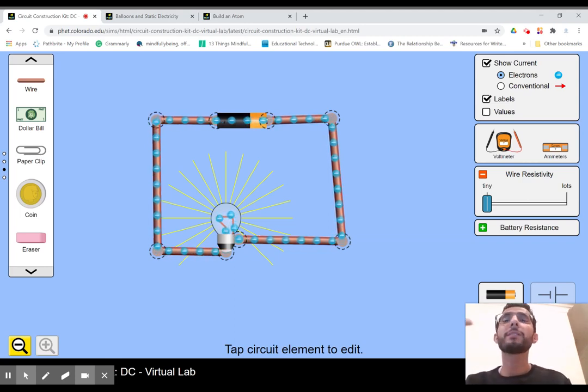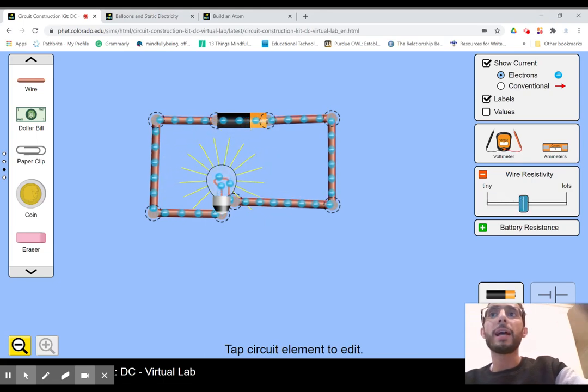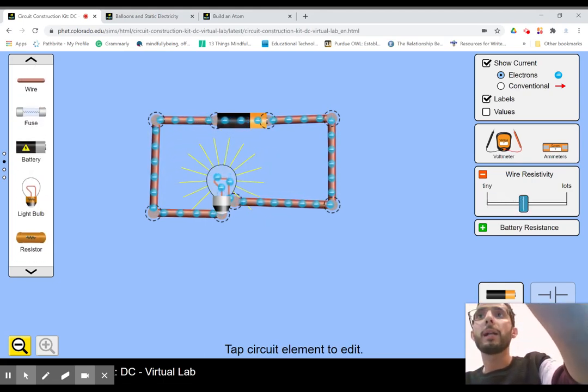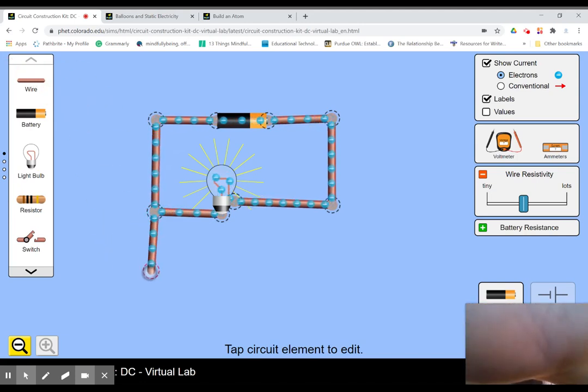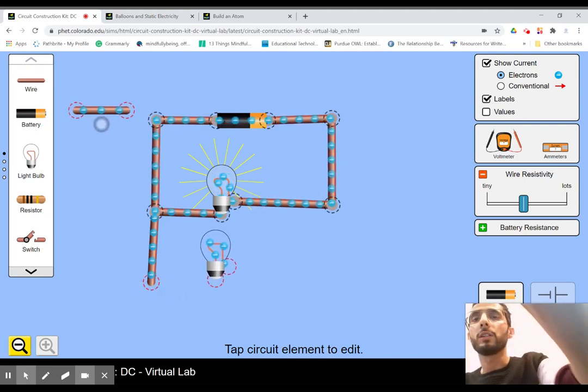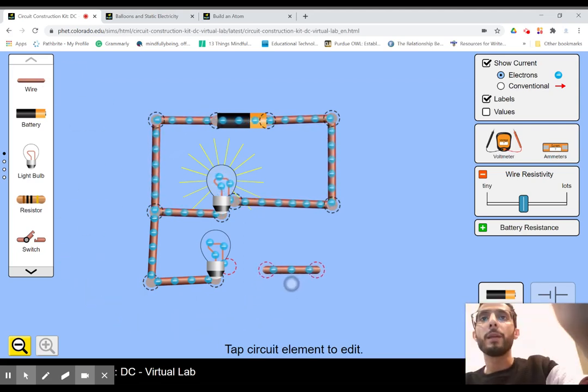Okay, now it's time to discuss a bit about parallel and series circuits. Let us add some wires and another light bulb to our circuit. As you can see here, I'm using more wires to build another circuit, or to continue the circuit, to build another pathway maybe.